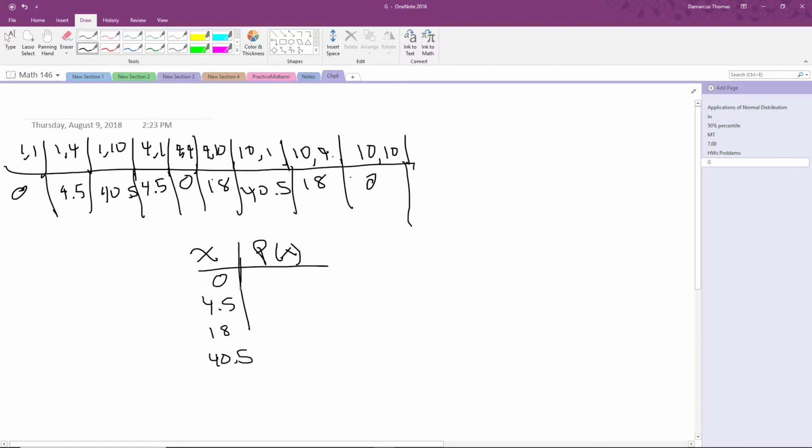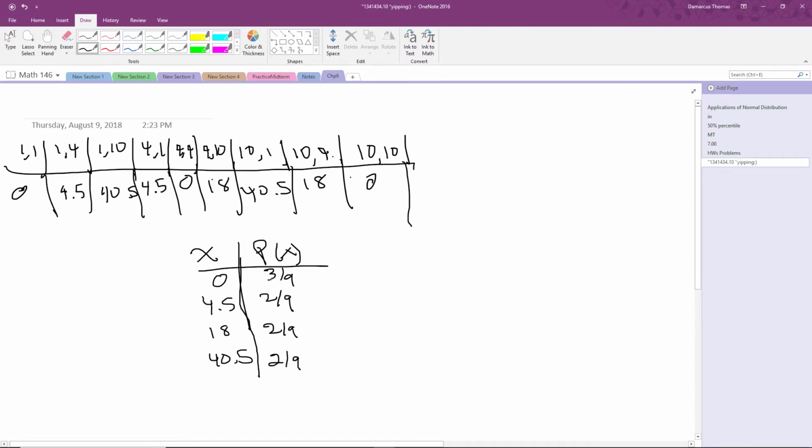Those are my results. Now how many zeros are there? 1, 2, 3 out of 9. 1, 2, 3, 4, 5, 6, 7, 8, 9. So 3 out of 9. 4.5, I had 2 out of 9. 18, 2 out of 9. And 40.5, 2 out of 9.